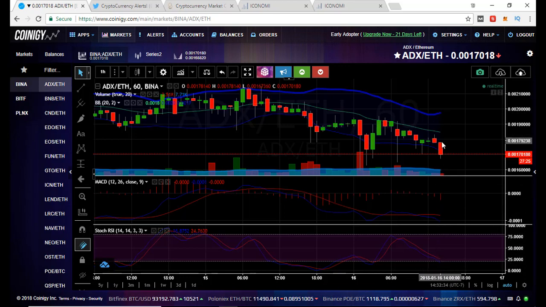This ADX might be a good opportunity to get involved, but again, you're going to want to be guided through the dark with the candlesticks, and let those candlesticks light the path on which way the momentum will possibly go. And you want to have that indicator along with, again, your other two.